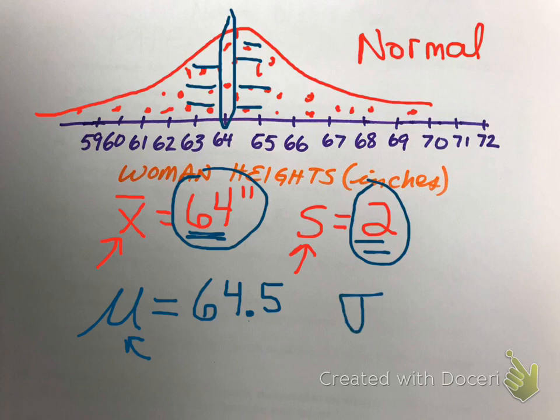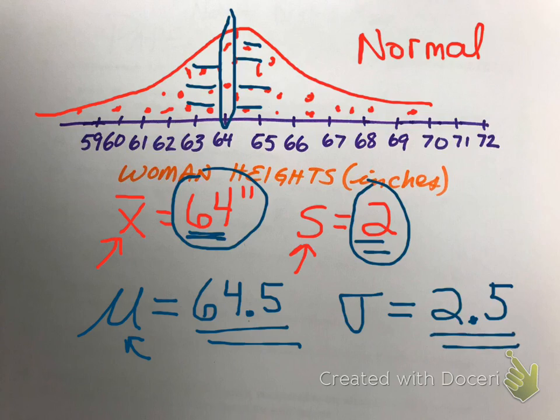And the population standard deviation is the Greek letter sigma. And this is a well-known fact: the height of women is normally distributed, and it has a mean of 64.5 inches and a standard deviation of 2.5 inches. So we would say that women's heights are normally distributed.